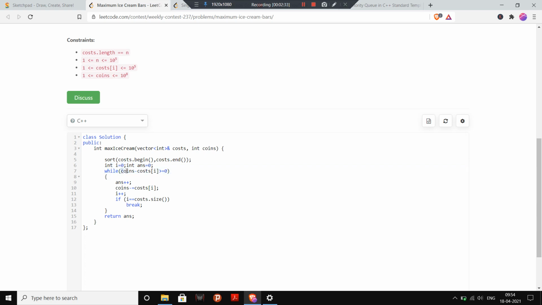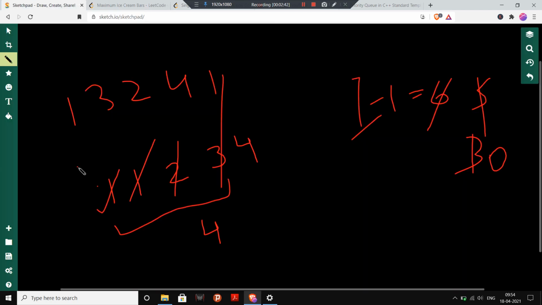So while coins minus cost[i] is greater than or equal to 0, that is, when I was iterating through this sorted vector and the number of coins was 7, if 7 minus 1 is greater than or equal to 0, what does it mean? It means that we can buy this ice cream.